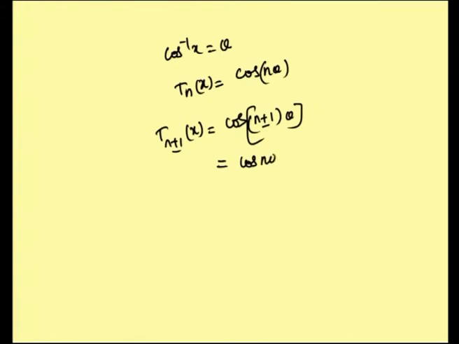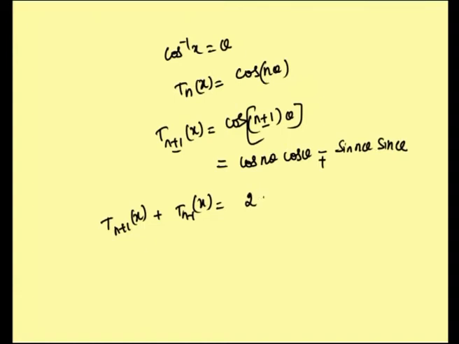So, cos of n plus 1 theta is cos n theta cos theta minus sin n theta sin theta, and cos n minus 1 theta is cos n theta cos theta plus sin n theta sin theta. So, T n plus 1 of x plus T n minus 1 of x is equal to 2 times cos n theta cos theta.